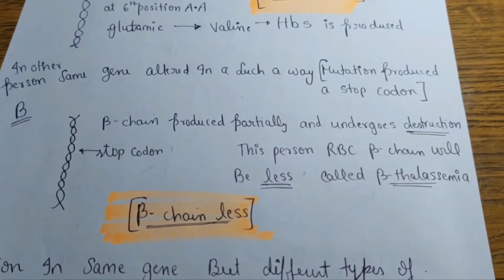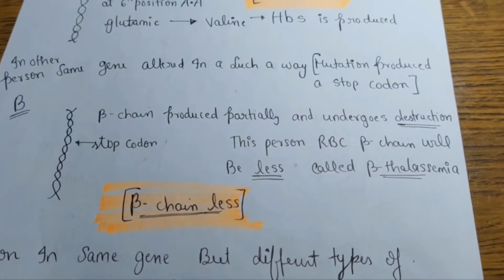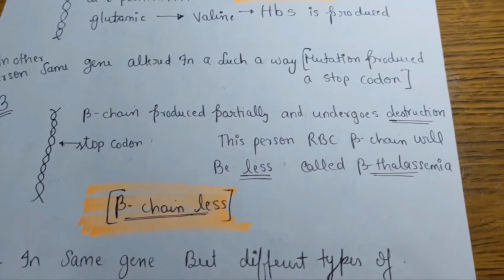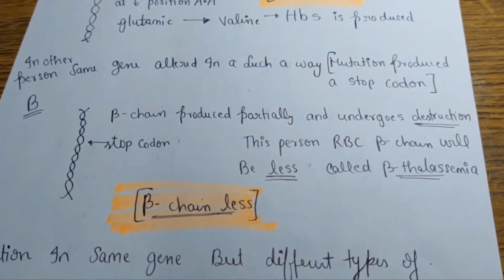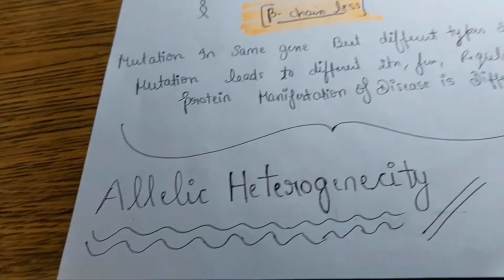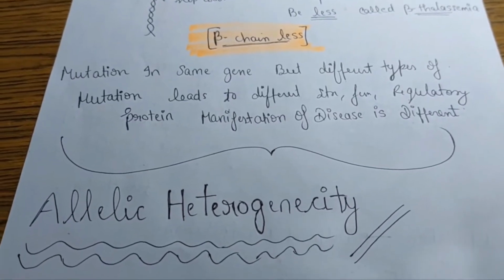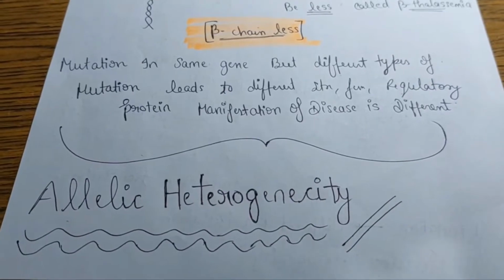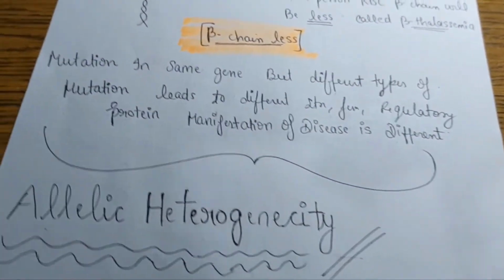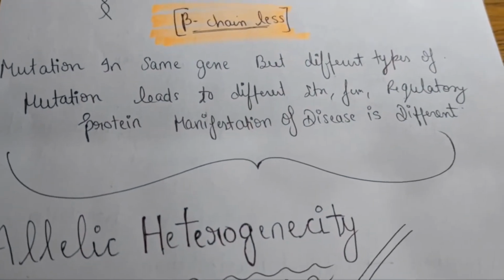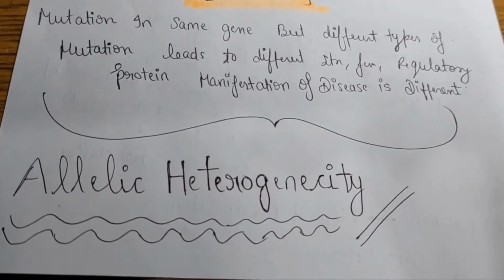So in this, the beta chain produced is partial and undergoes early destruction due to being an abnormal protein. So this person's RBCs will have fewer beta chains, and he will have beta thalassemia due to the low number of beta chains. So here again we saw mutation in the same gene, but a different type of mutation, which led to different structural, functional and regulatory protein manifestation. And so the manifestation of disease is also different, and this is an example of allelic heterogeneity.